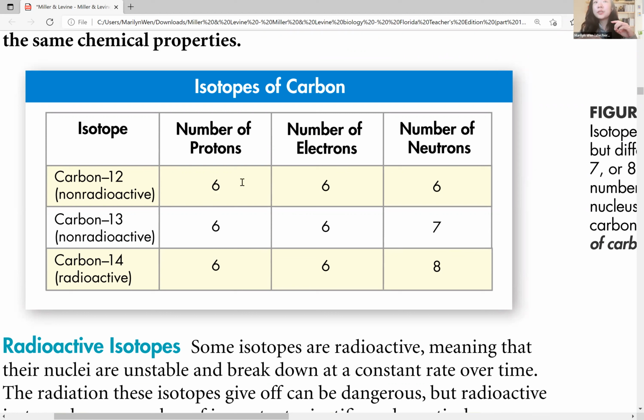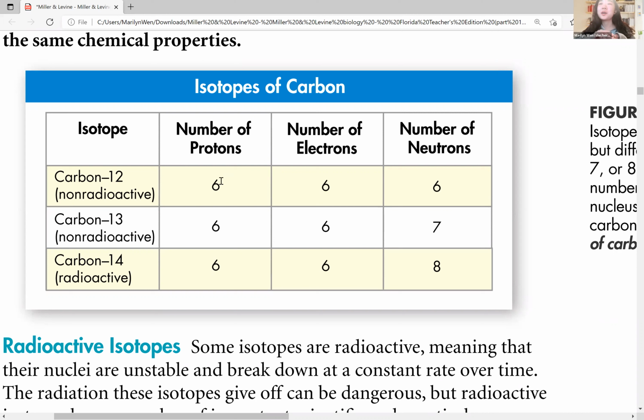So what makes the difference is, oh god, I made a mistake. Carbon doesn't have a proton number of 12. It has the table of elements number of 12. It has the proton number of 6. I'm so sorry about that. My brain was not working. Okay, it has the proton number of 6.